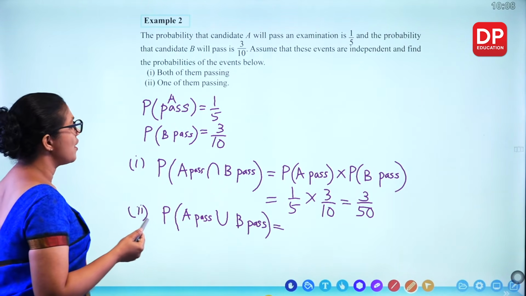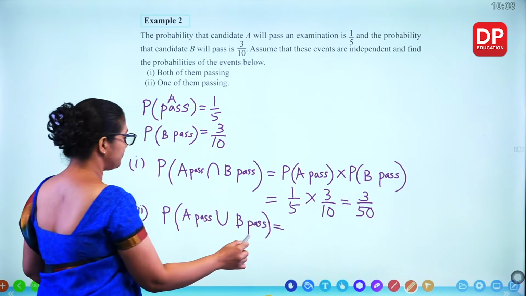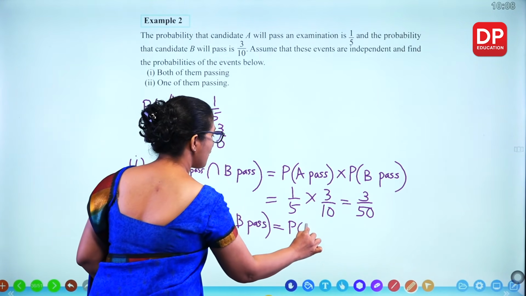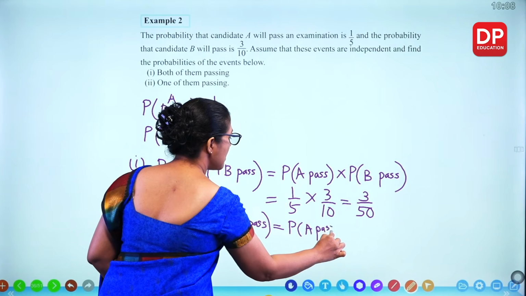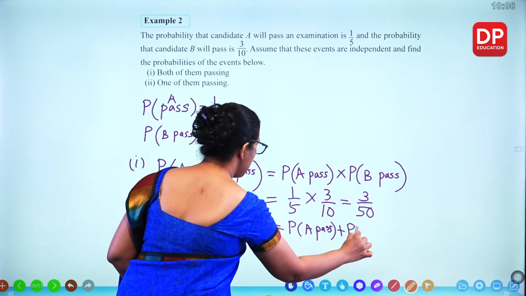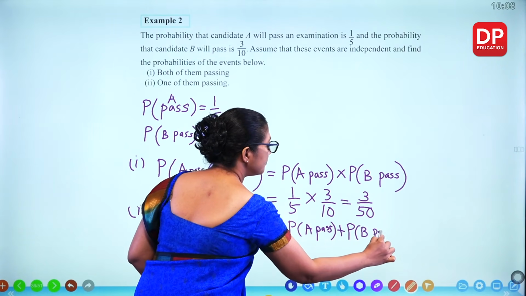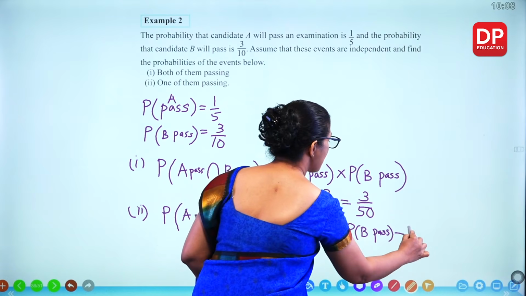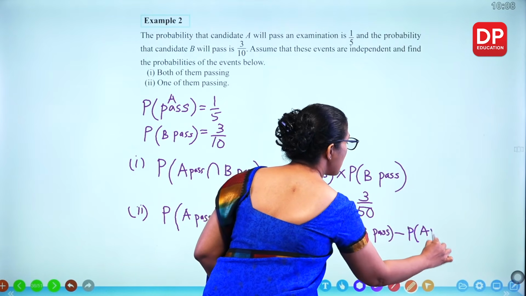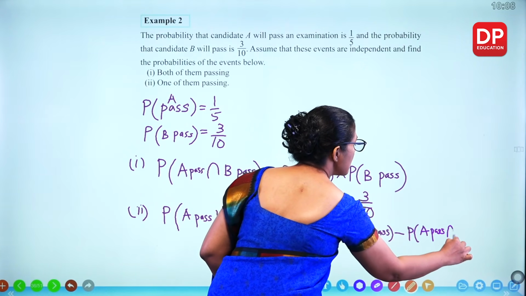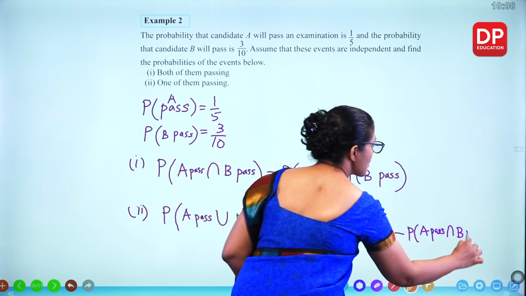So use the formula. You can use probability of A pass plus probability of B pass minus probability of A pass intersection B pass.